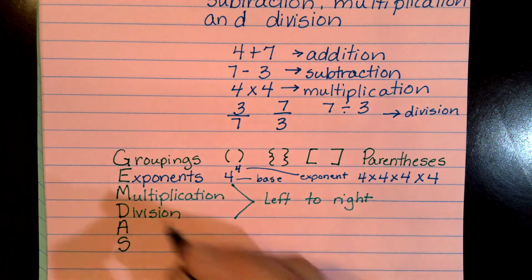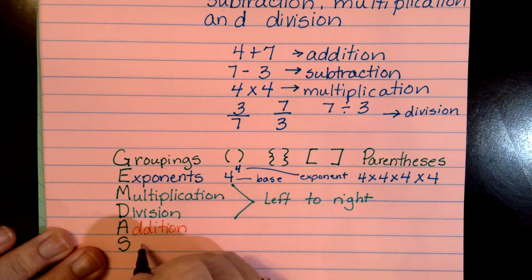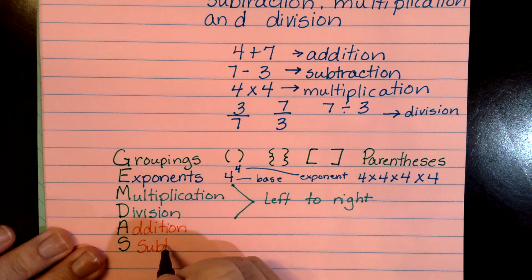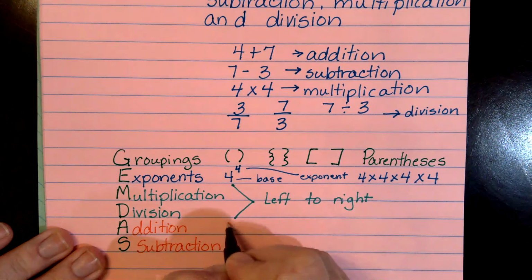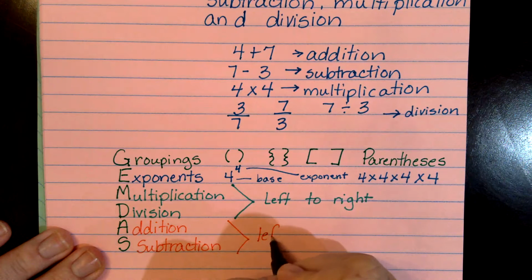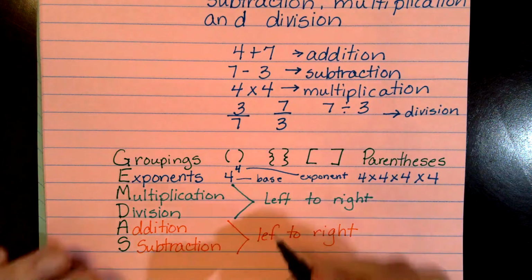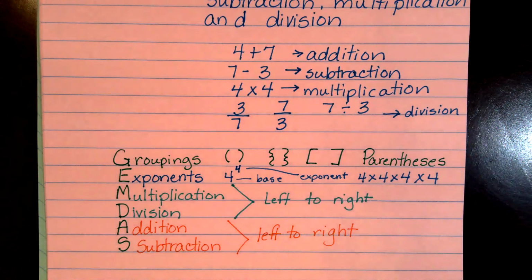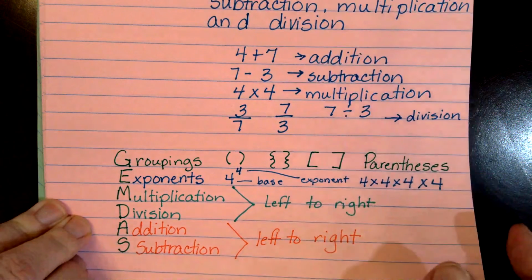And then last but not least, you have addition and subtraction. And again, we're moving from left to right. I guess I didn't need that extra S there, but that's okay. This mnemonic device helps us remember the order of operations, the order in which we complete the operations in an expression.